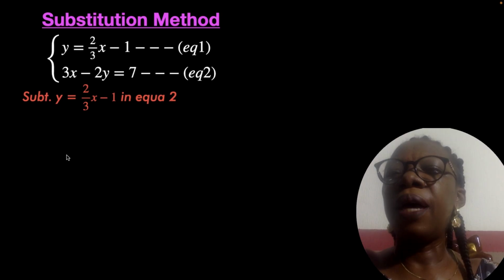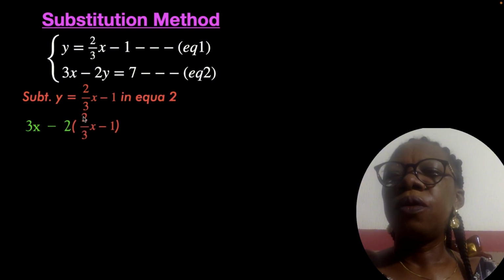Okay, now we have 3x minus 2, then we substitute the value of y as 2 over 3x minus 1, is equal to 7.